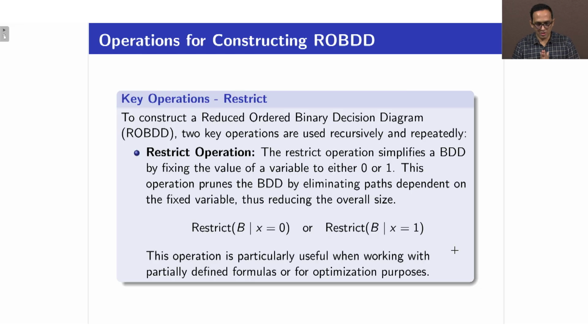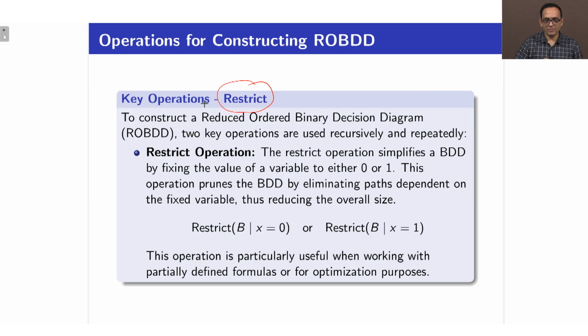There are two key operations we will learn before we proceed to construct the ROBDD directly. The first one is called restrict and the next one is called apply. Restrict is very simple. You have a BDD or a proposition formula, and you restrict this particular BDD with a fixed value.